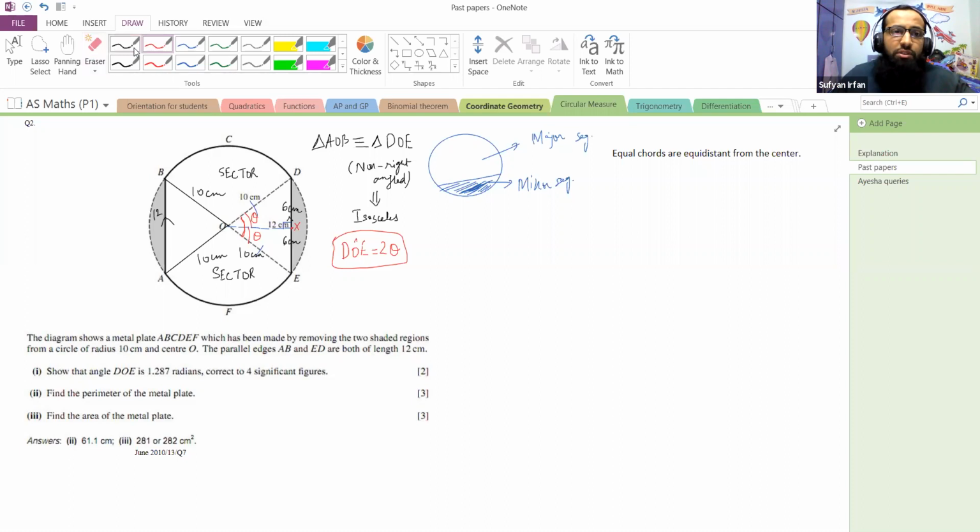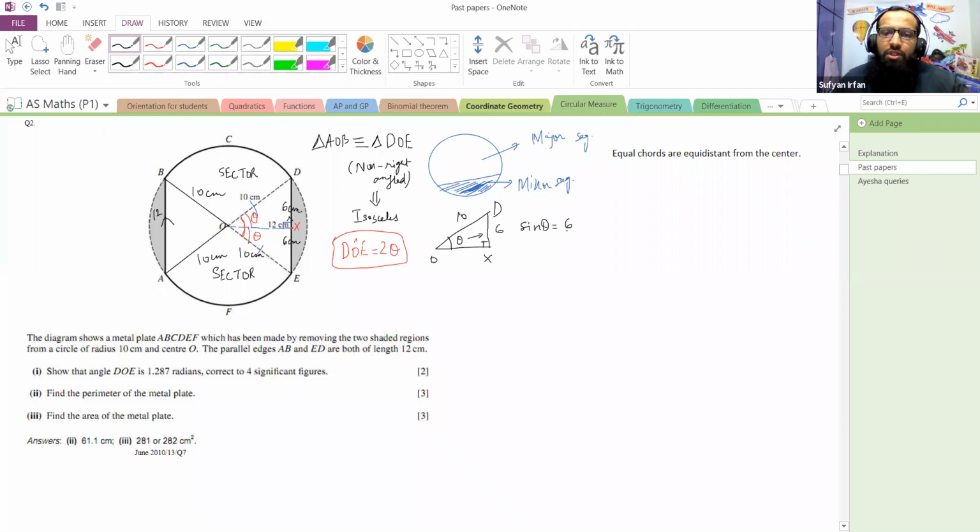So now if we consider the triangle OXD, this is 6, this is 10. Can we find this angle? Can we find theta? Yes, we can find. How? Because we have the opposite, we have the hypotenuse, and we can use sine theta.